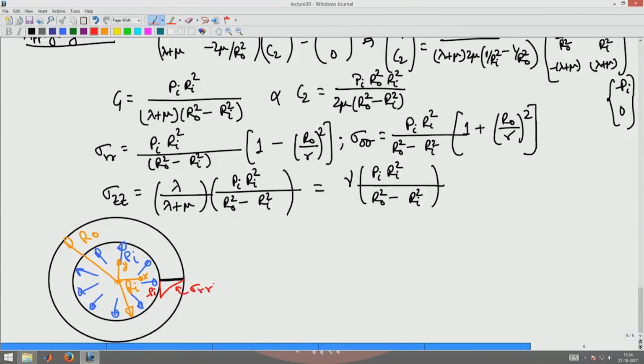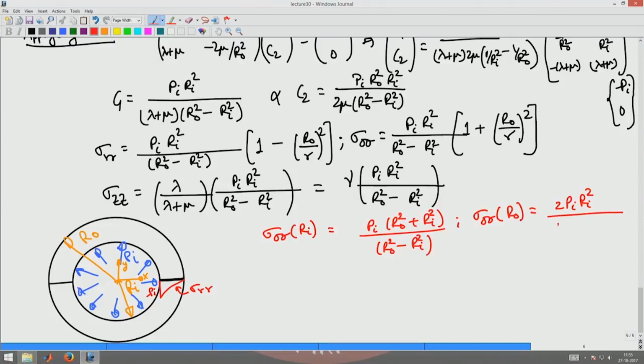On the other hand, now let us plot sigma theta theta variation. Sigma theta theta at r I would be pi r naught square plus r I square divided by r naught square minus r I square. Okay. And sigma theta theta at r naught would be 2 times pi r I square divided by r naught square minus r I square.